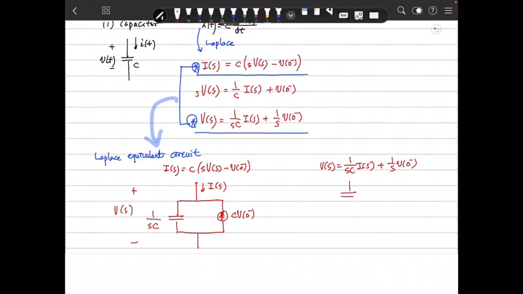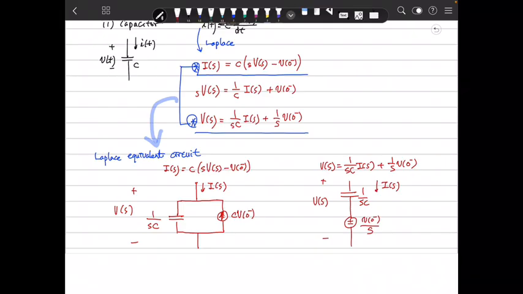Then you can derive this in this manner. This is Vs, and that is 1 over SC, and the current is Is, then the voltage source was initial value over S. So we have two models to represent the capacitor in the Laplace domain.